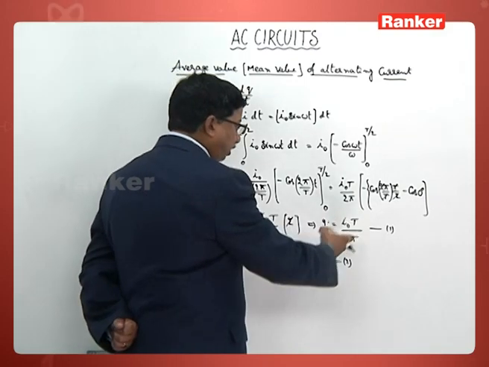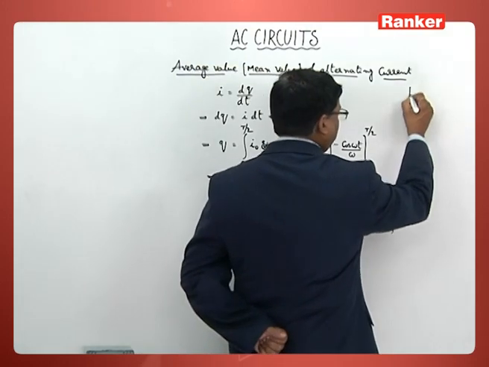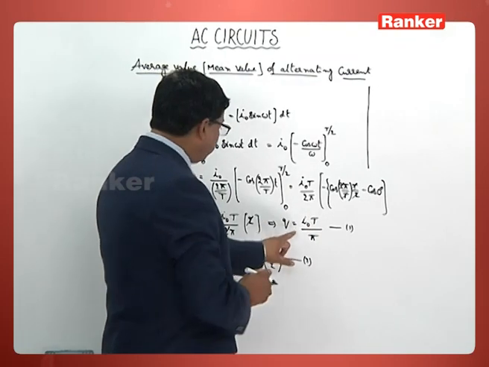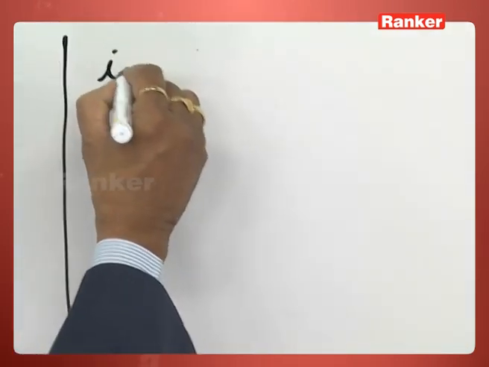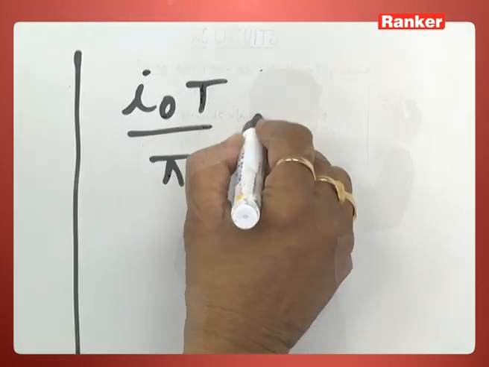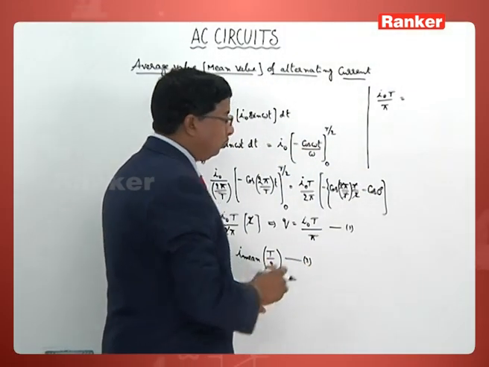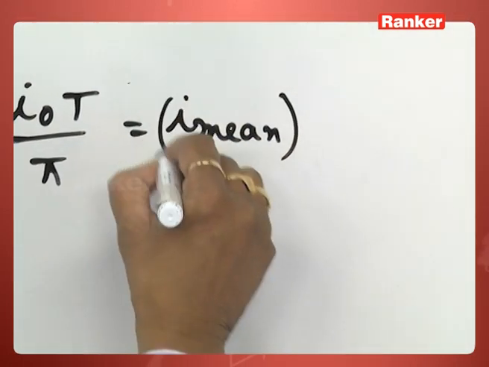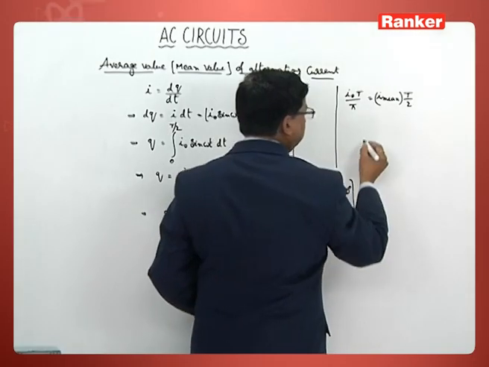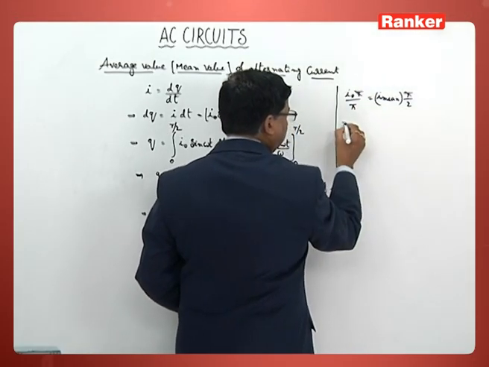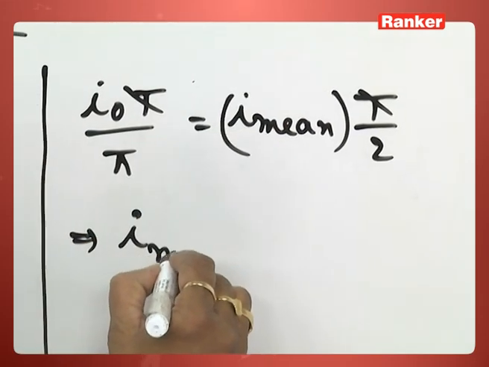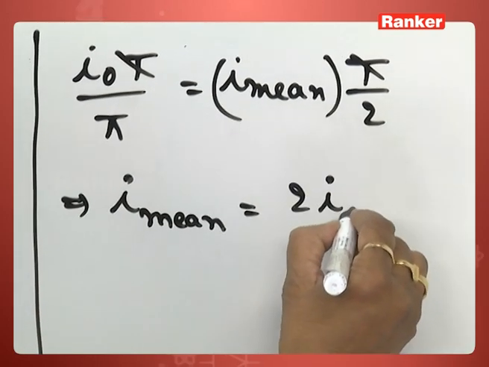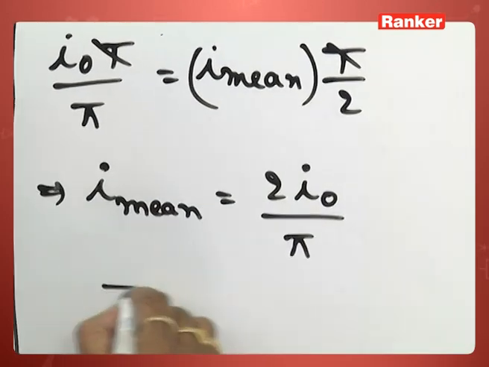Now just equating these two, whatever formula we want, we can directly get. Check this equation now: I naught T by pi is equal to I mean value into T by 2. So T getting cancelled here, what is now left? Mean value of current now becomes 2 I naught by pi.